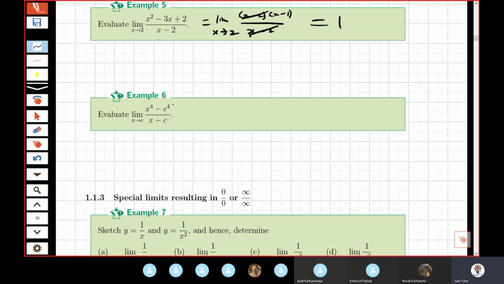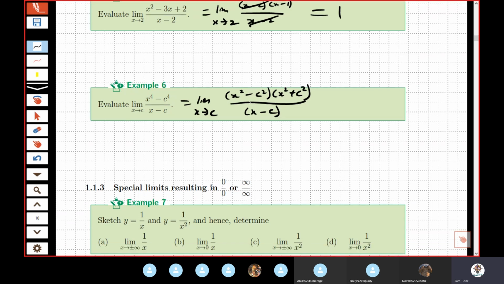This one up here, I can see it's a power of 4. So I know that that is a difference of 2 squares. And then I can see that is a difference of 2 squares again.